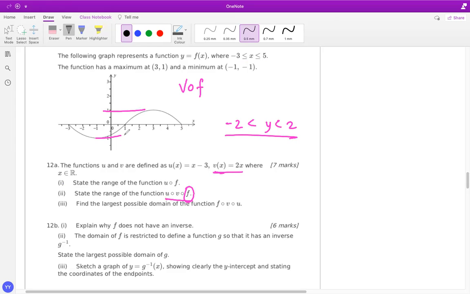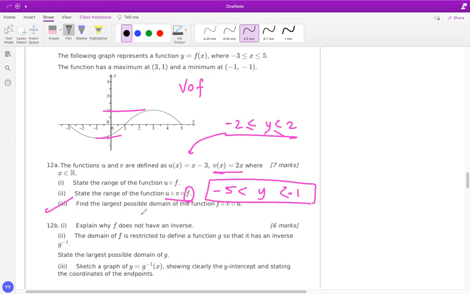And if we do that here, it is from -2 to 2. Now, I'm going to plug this -2 to 2 in as the domain for u. So if you plug x as -2 here, you're going to get -5. And if I plug x as 2 here, I'm going to get -1. So the range of this will be -5 to -1.